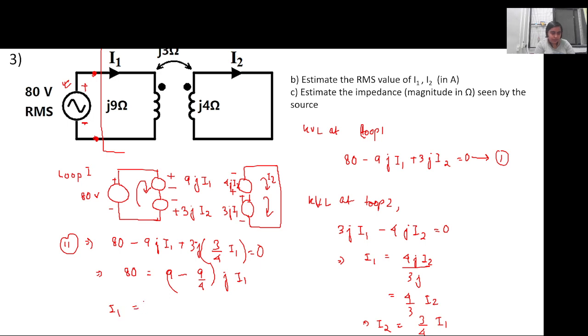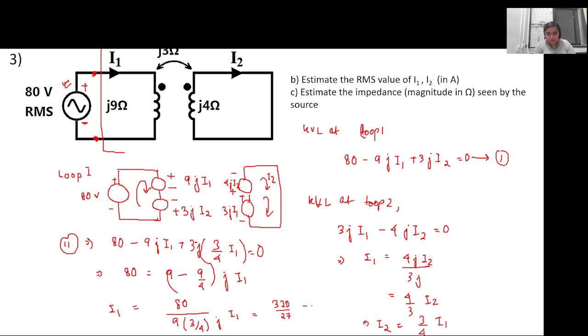If I take 9 common, it is 3 by 4 j I1. Yeah, ma'am, I am also getting the same value. So it is 320 by 27.